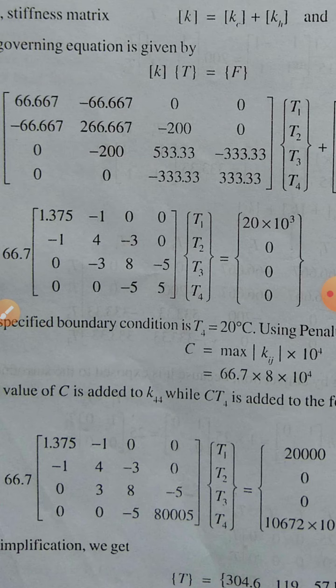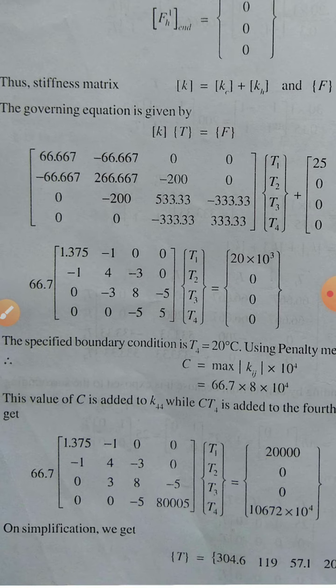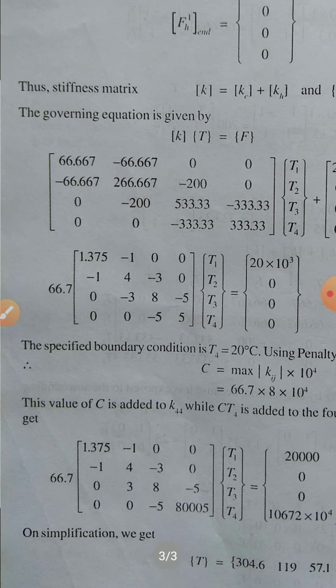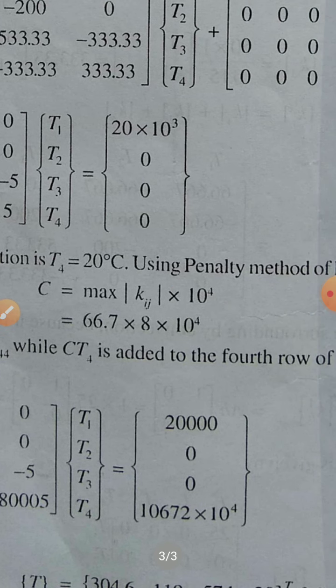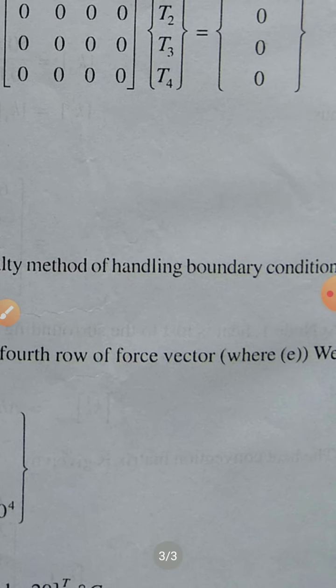So the value of C is 66.7 into 8 into 10 to the power 4. This value we consider on the side where conduction is there. So the value of C is added to K44, since the conduction end is fixed, while C T4 is added to the fourth row of the force vector.